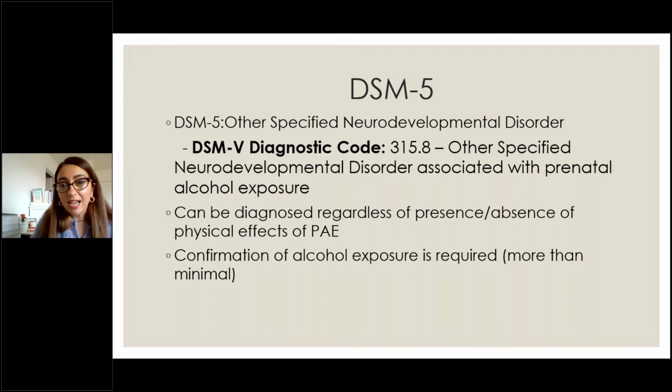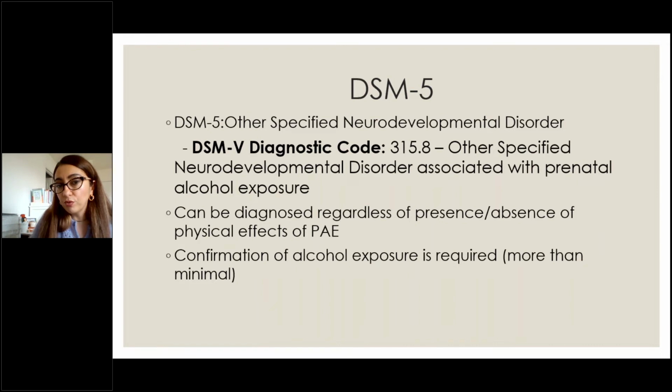Well, what I do is use this code if my evaluation indicates that the client is somewhere under the spectrum of FASD, and then I send my patient to genetics to get the facial measurements, and to their developmental pediatrician to get the measurements for the physical growth part.